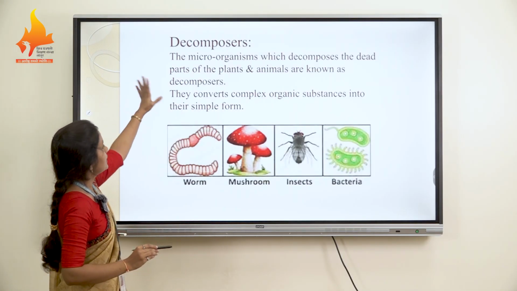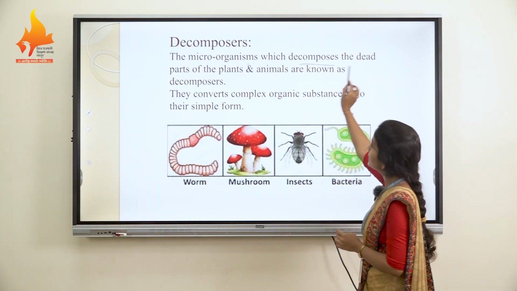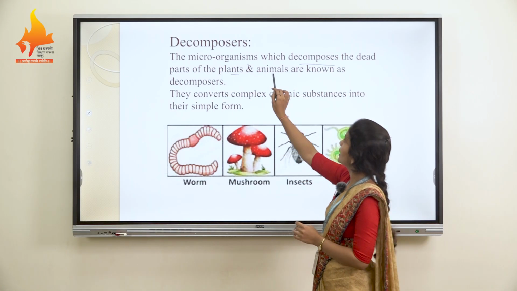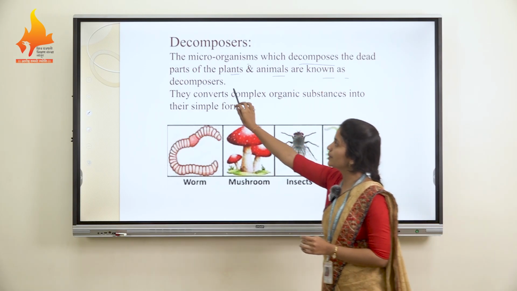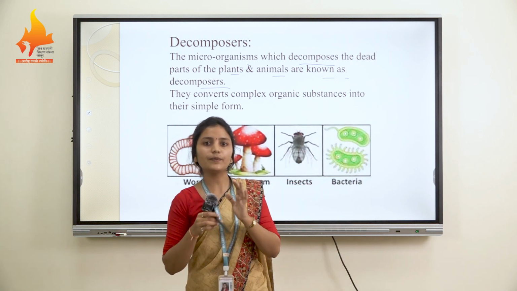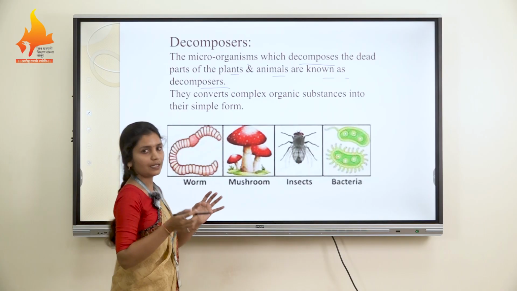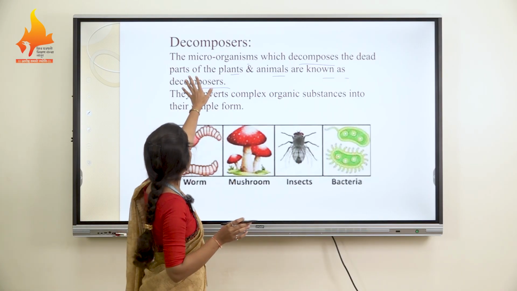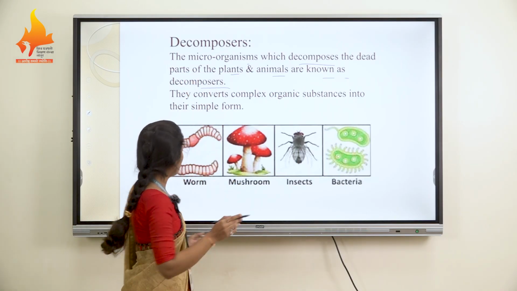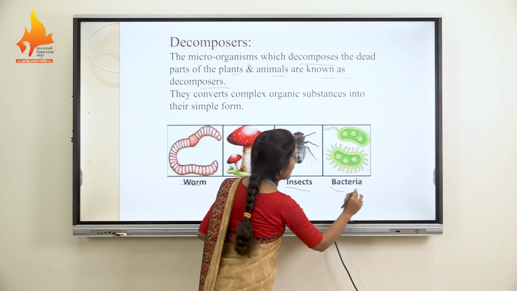Next, the decomposers. The organisms or microorganisms which decompose the dead parts of plants and animals are known as decomposers. Decomposers are also consumers, but the way of consumption is different. They absorb food material from the dead and decayed parts of plants or animals. For example, worms, mushrooms, insects or bacteria.